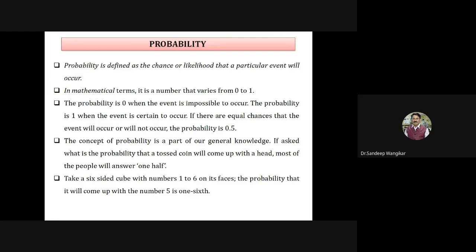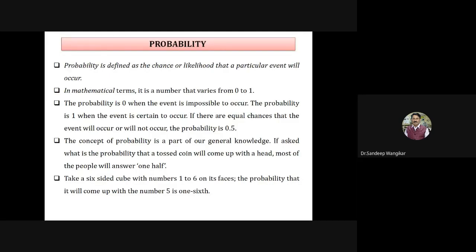So this is based on head and tail. There may be head, there may be tail. Generalizing, people will answer with the probability of coming head or coming tail. What are the chances that head will be there? 50%.